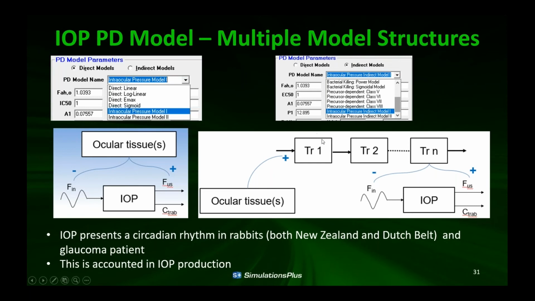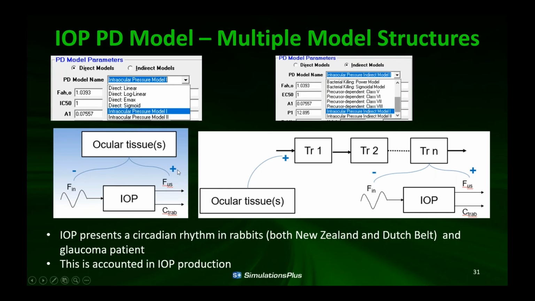The difference between these two types is that in the indirect model, we add an extra delay, described by the transit through this subcompartment. Model 1 and model 2 represent one that inhibits the production of intraocular pressure, and one that stimulates the disappearance of the pressure.